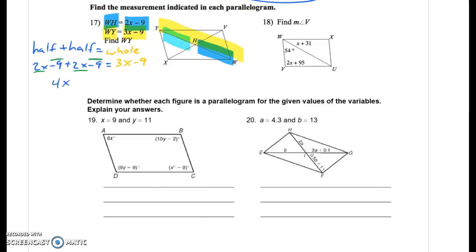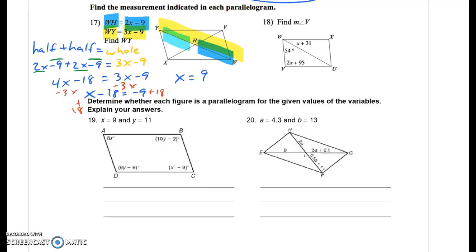Combine. Solve by subtracting. Add 18. We get that x equals 9.